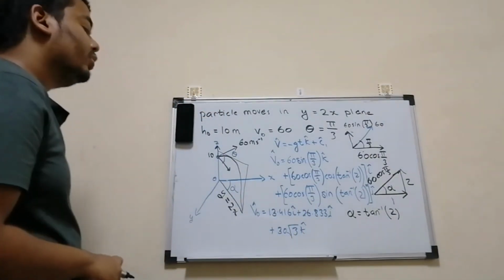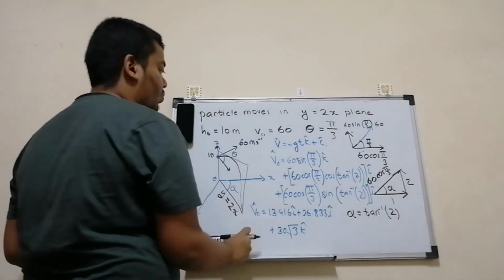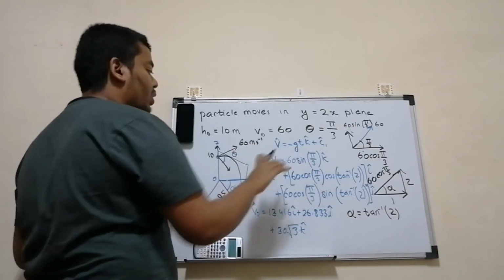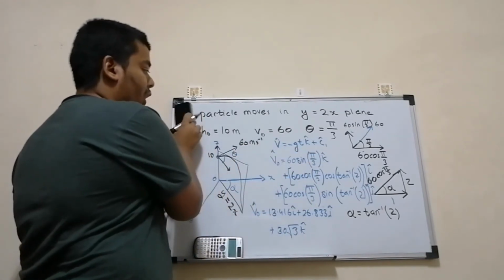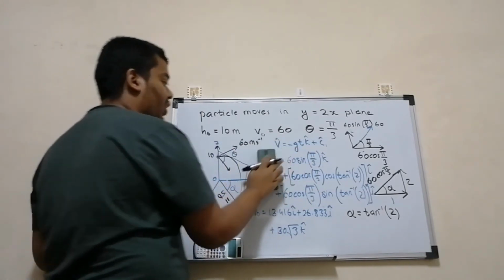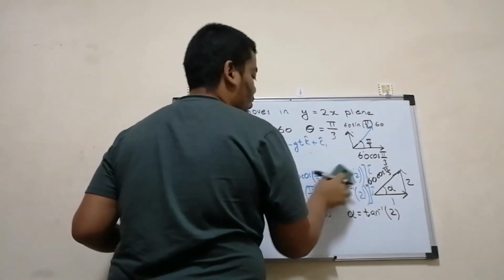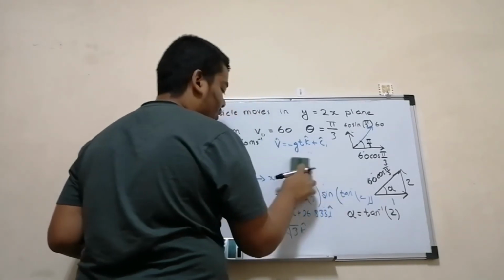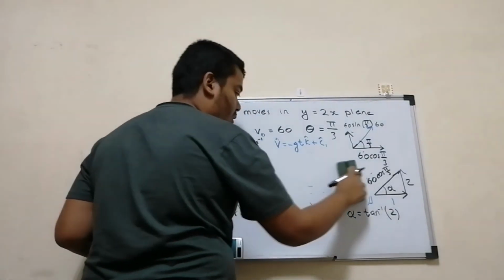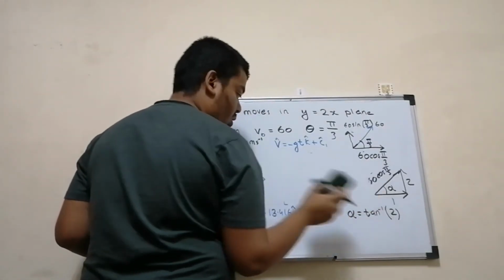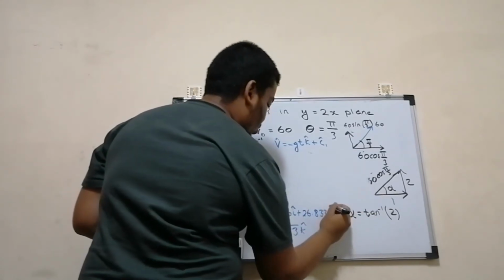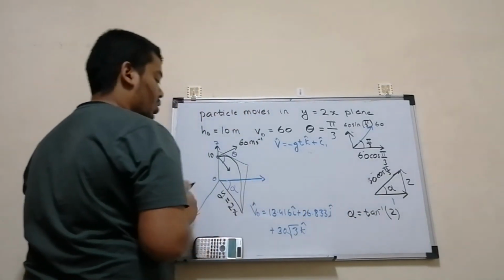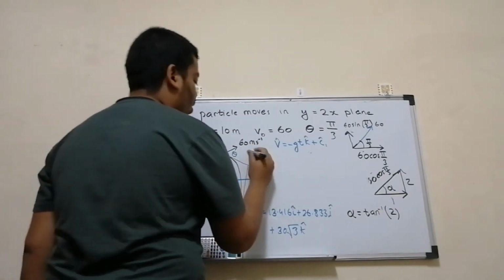Now if we use this velocity vector information, we can remove these. Hope you guys have written them down. Let me write the initial velocity here.